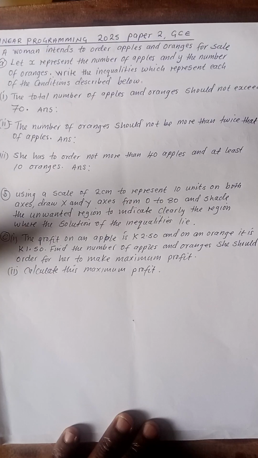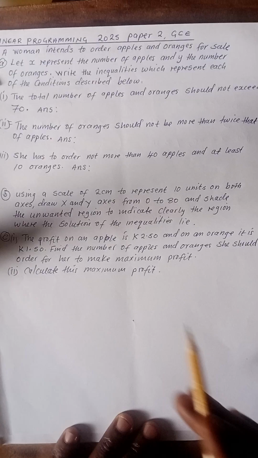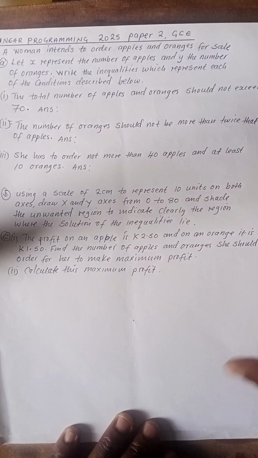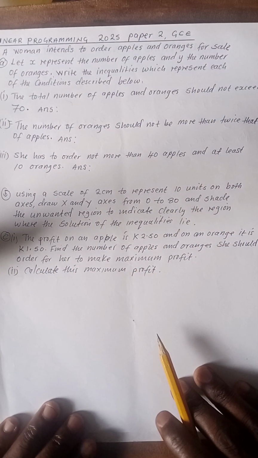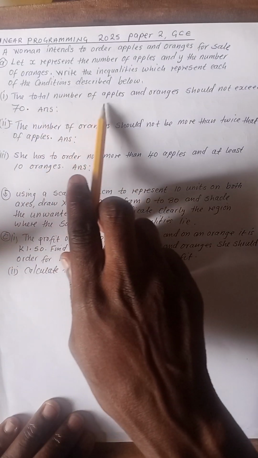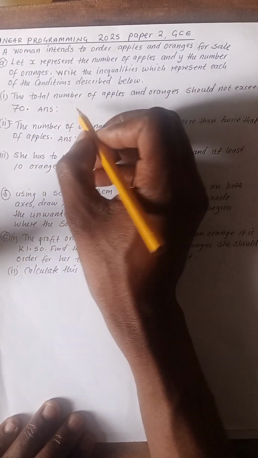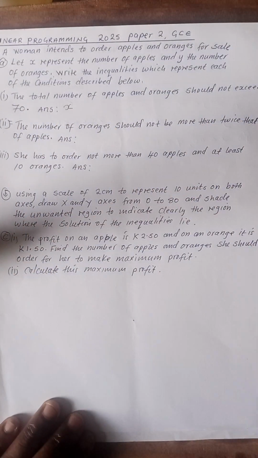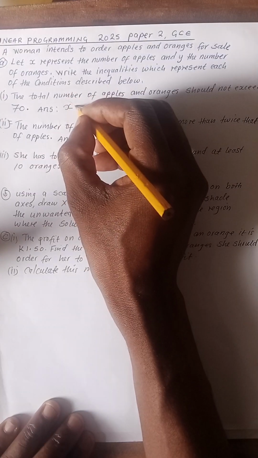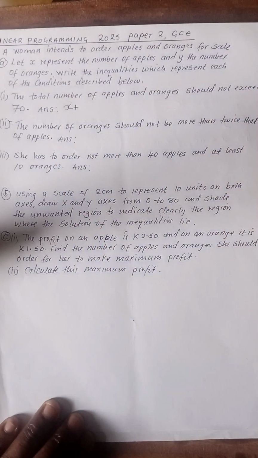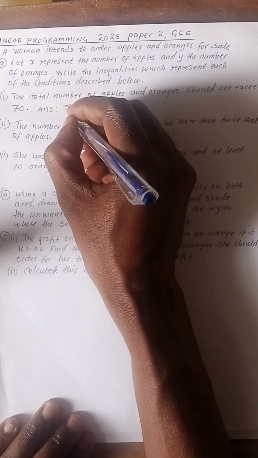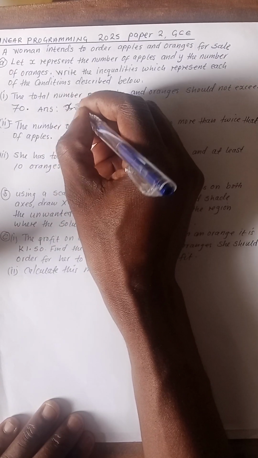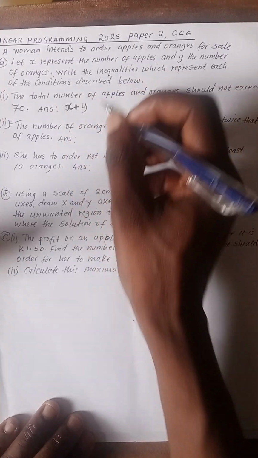So the inequality that you are supposed to write there is less than or equal to, because they have not specified. Instead, they have just said not exceed. Therefore, our answer is going to be, since here they are saying apples is representing X, so you write X here. They say total number, meaning you have to add them. So plus, Y is representing oranges in the statement.